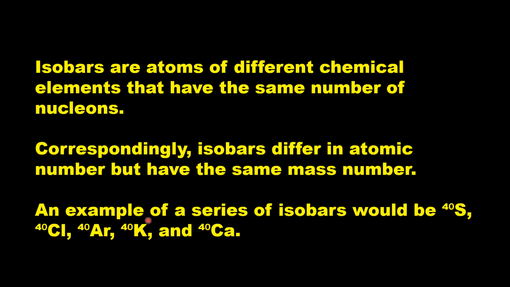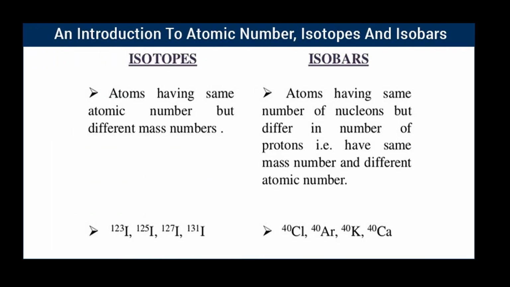For example, here is a series of isobars like sulfur 40, chlorine 40, argon 40, potassium 40 and calcium 40. We can see here that all the mass numbers are 40, but certainly all these elements have different atomic numbers.